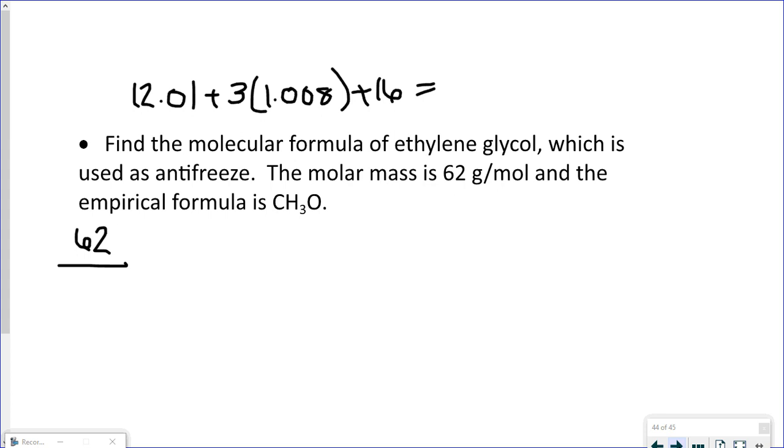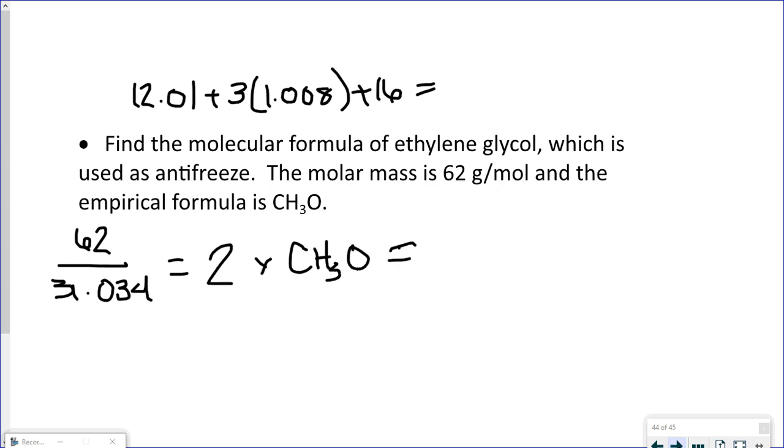So when we multiply and add that together, we get a molar mass of 31.034, which yet again is equal to 2. So we can multiply that by all of the subscripts in our empirical formula, and our molecular formula will be C2H6O2.